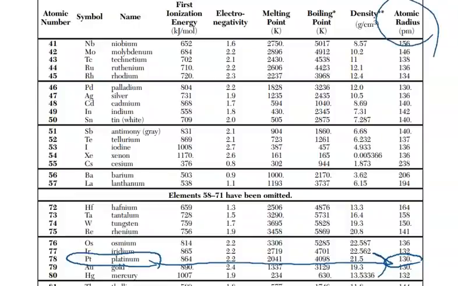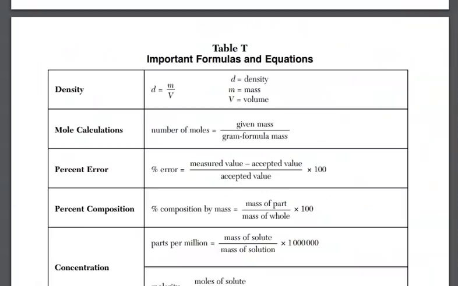The true value is 130, and now I have to plug it into my mathematical formula. I'm going to put the numbers right here on reference table T. 143 was the measured value.